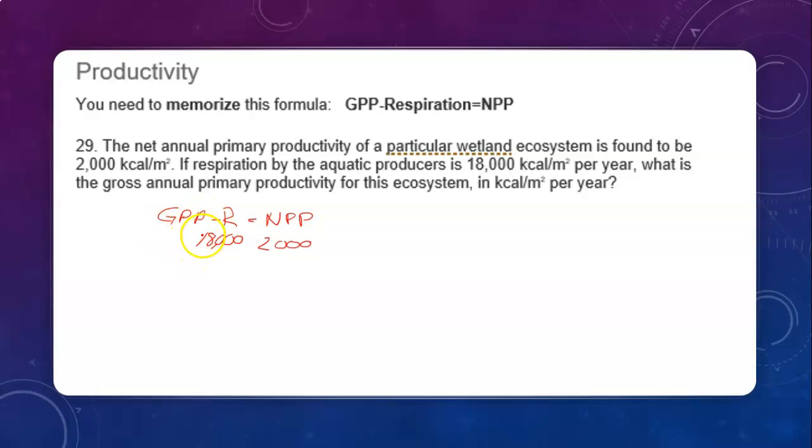So we're going to add 18,000 to both sides, and that's going to give us 20,000. I've been a little bit lazy with my units, so let me look up here. Oh yeah, I've got kilocalories per meter squared per year. And so that is my GPP.